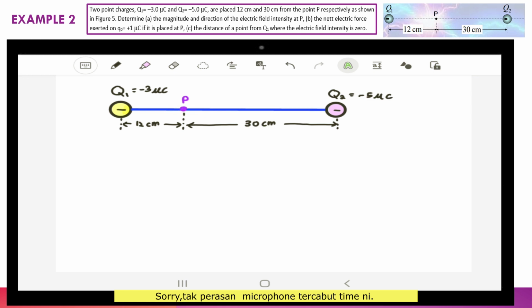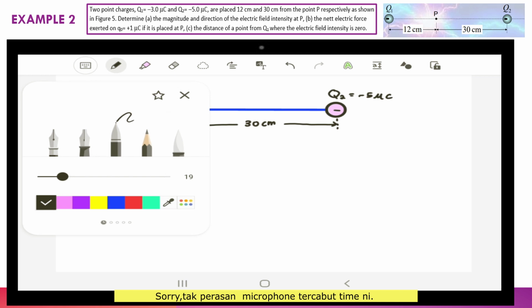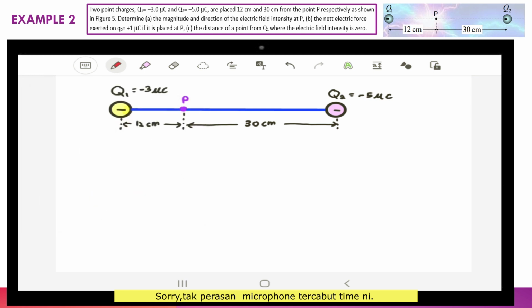Okay, so before we start to calculate the resultant or the net electric field intensity at point P, we need to draw the direction of the electric field at point P due to the first charge and the direction of the electric field at point P due to the second charge. So on point P, you can draw here, we need to consider P as positive. So we just put a small positive sign here, because positive will be attracted to the negative.